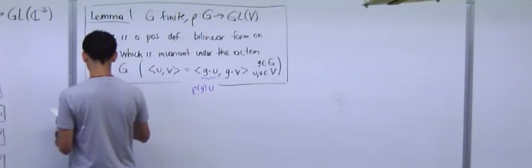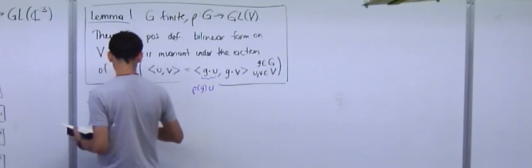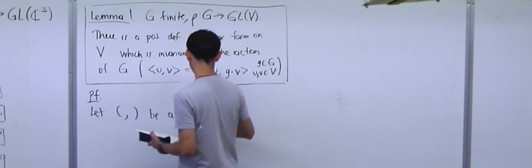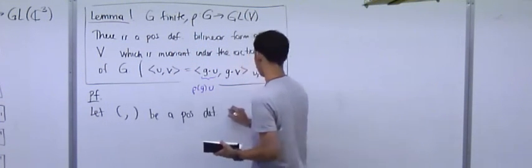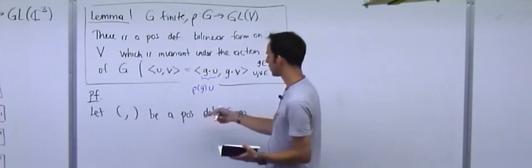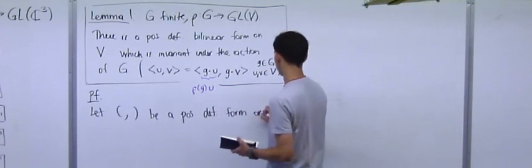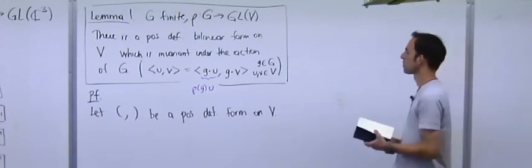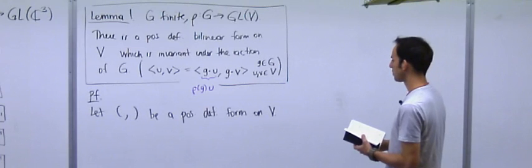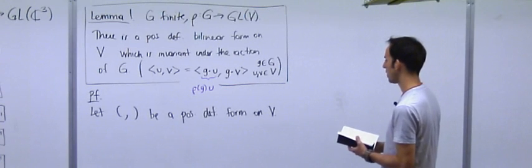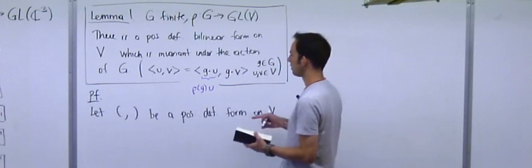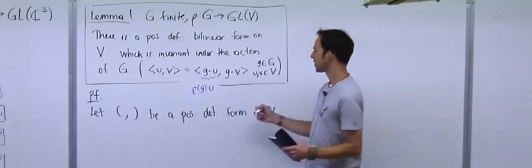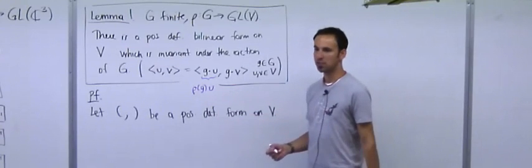So that means that we can definitely have some positive definite form on V. And now, what I'm going to do is take this positive definite form and pull off some trick where I'm going to take this thing and make it invariant under G. Okay.